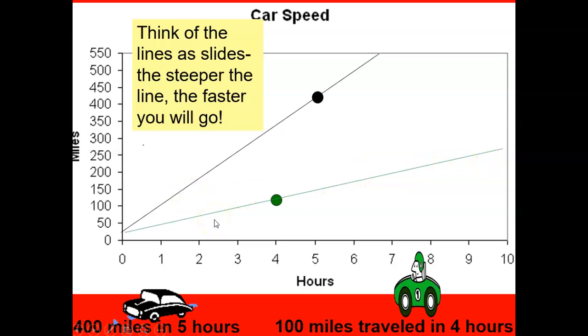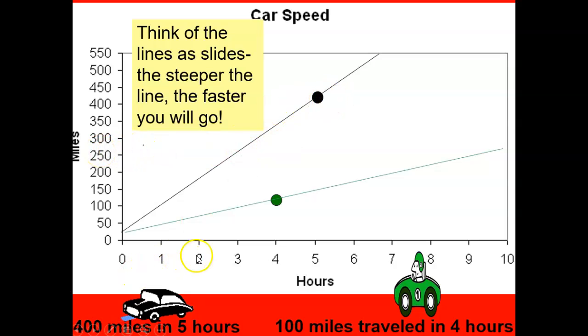Now the graph I can also figure out for different parts of the trip how far they went or how long it took. So I could pick this spot on the graph and say, oh, the green car, after 2 hours, went about 50 miles. If he keeps going, if he drove for 10 hours, that would be about 250 miles.